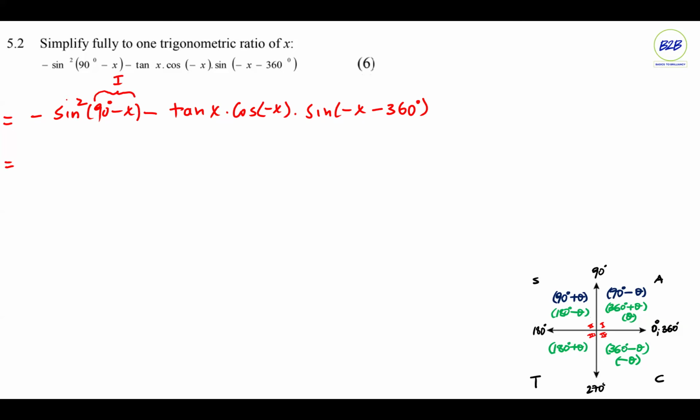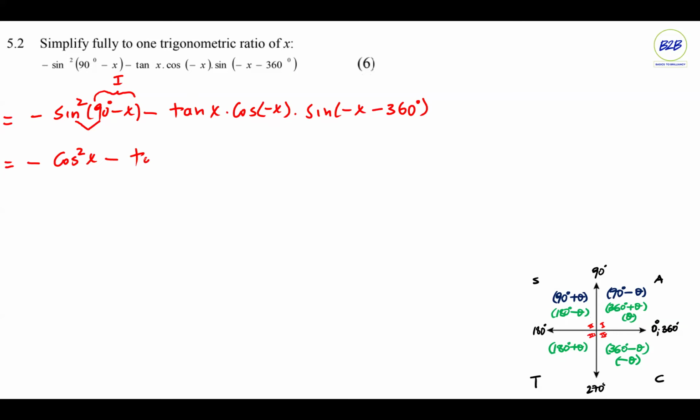And sine in the first quadrant is positive, and we have sine and cos. What does that mean? We must therefore change sine into cos. All right. Minus, we have tan x. Perhaps we might need to change that into sine over cos, but is there necessity so far?